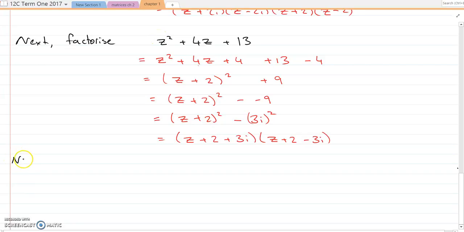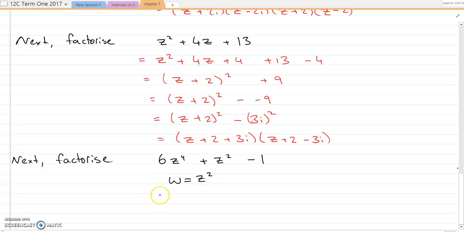Okay, so let's do another example next. Let's factorize 6z^4 plus z squared minus 1. Alright, we could do it a couple of ways. We could make a substitution, w equals z squared. And rewrite this.